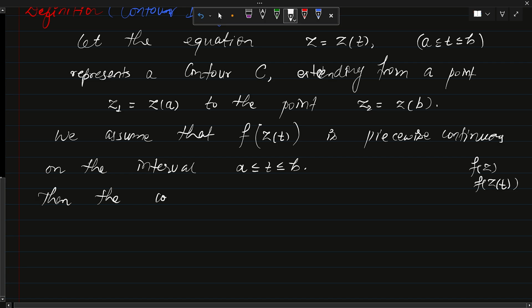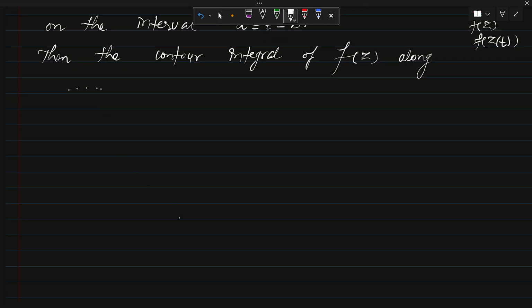Then the contour integral of f z, look at the language, the contour integral of f z along the contour C given by this particular equation.